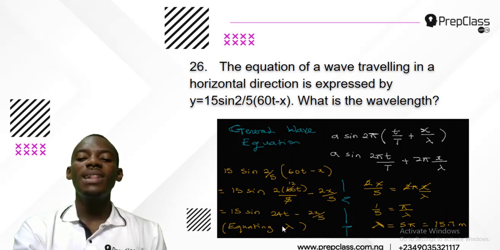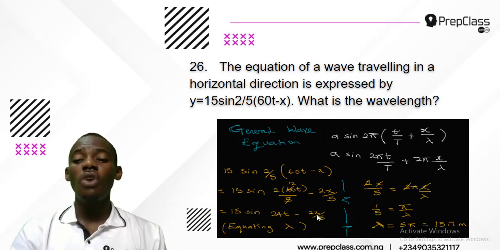Now equating lambda, because they say wavelength, and wavelength is lambda. The ones that have lambda are which part? Lambda stays with the one that has x over lambda from your general equation, that's 2 pi x over lambda. So I will equate this one to the one that has x here.